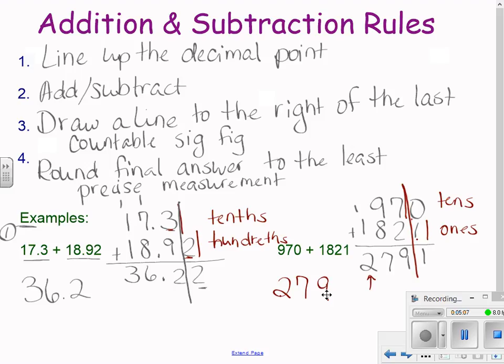The easiest way to add a placeholder is to add a 0. I've just added a trailing 0. As long as I do not put a decimal point there, that 0 will not count, which leaves my last countable sig fig still in the tens place.